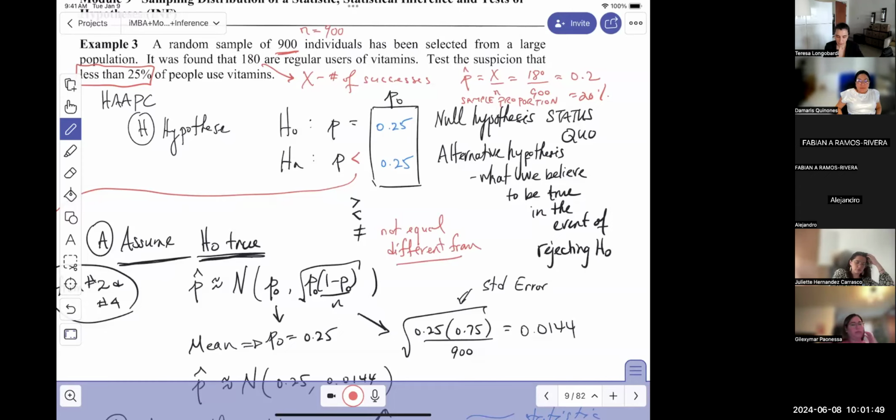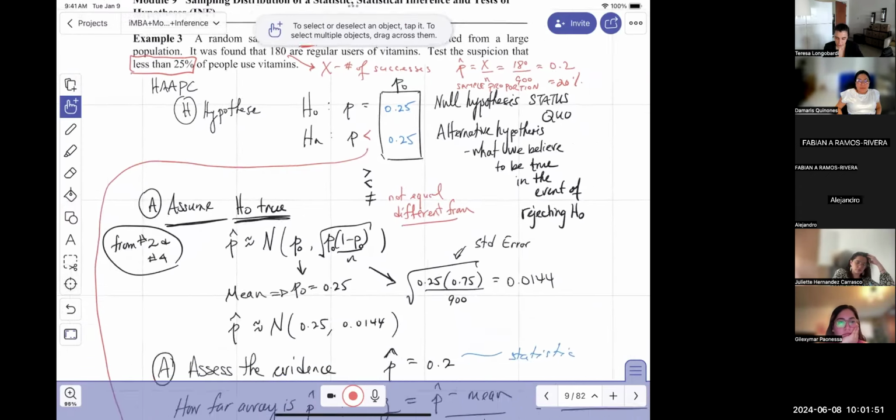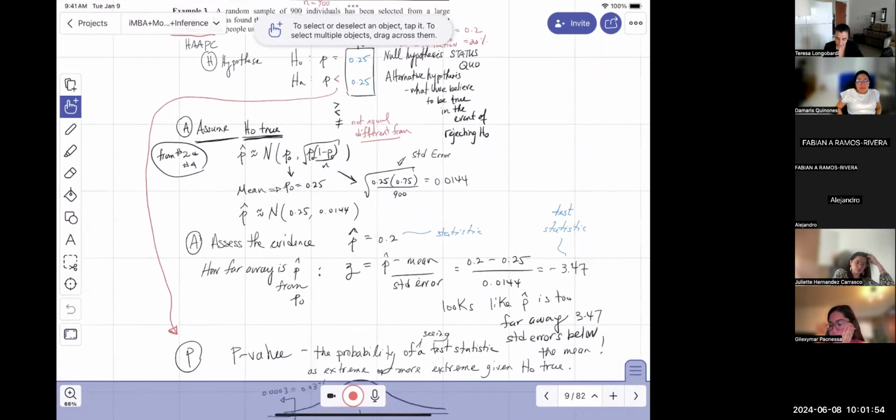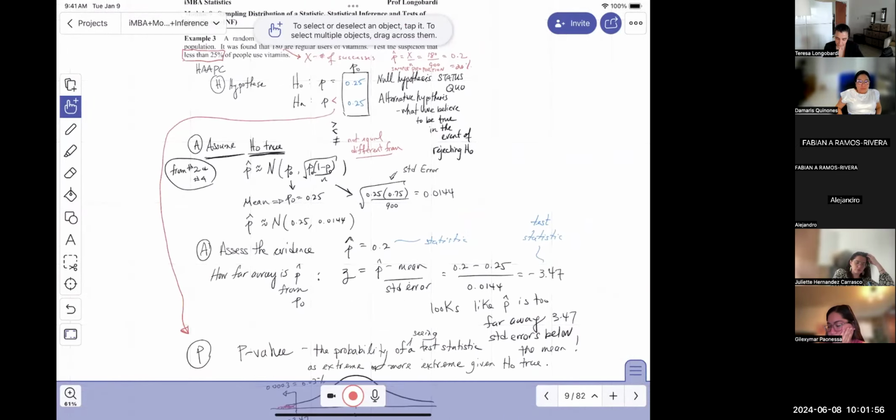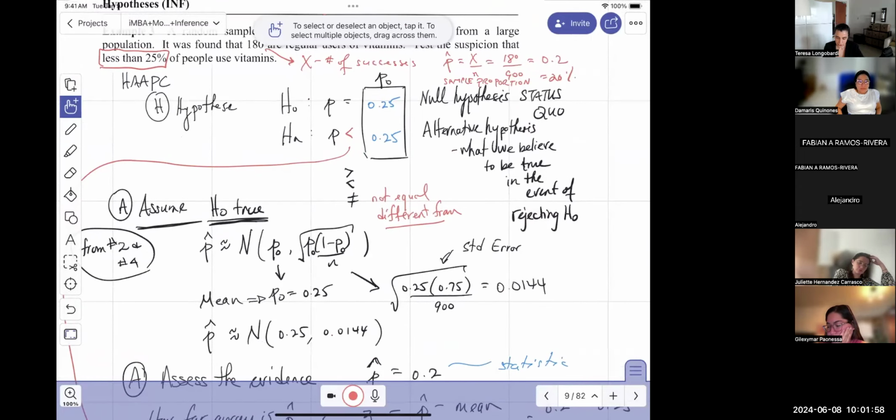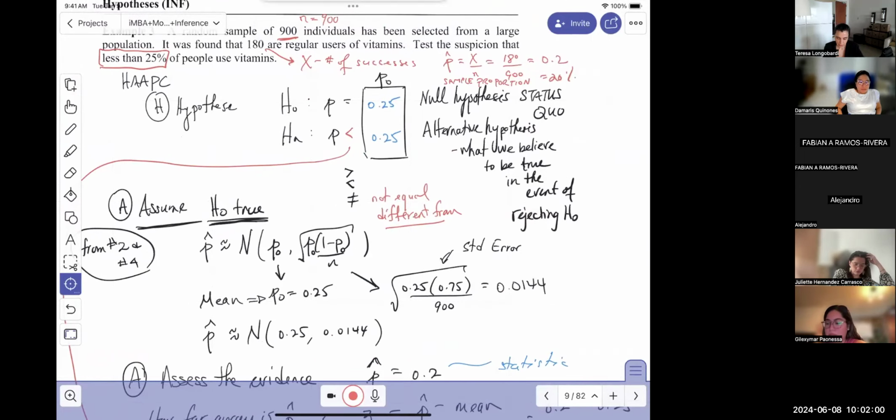Okay, hopefully this is just a review and you're not learning right now, but if you're learning right now, I hope you learned it. So those are the keywords you look for. This one is greater than, this one is less than, and this one is not equal or different from.